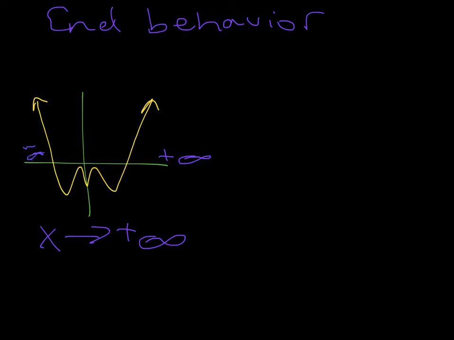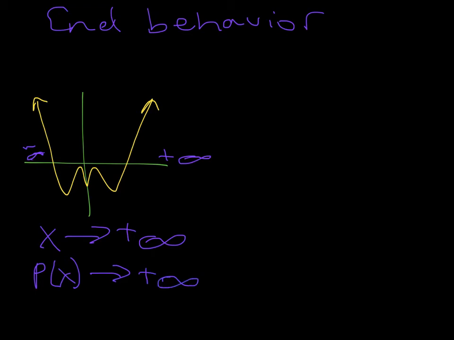So as x approaches positive infinity, as I continue to get larger and larger, what is happening to my function? Well, my function is getting closer and closer to positive infinity. So what we say is, as x approaches positive infinity, then my function p of x approaches positive infinity as well.